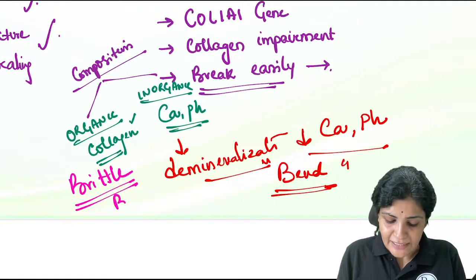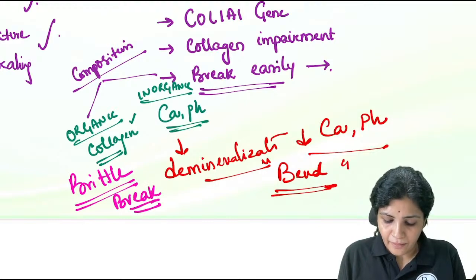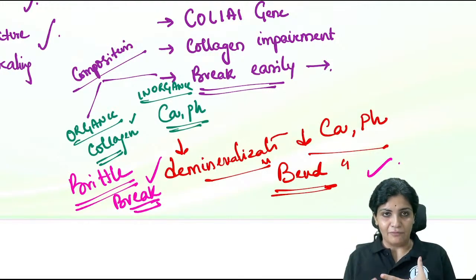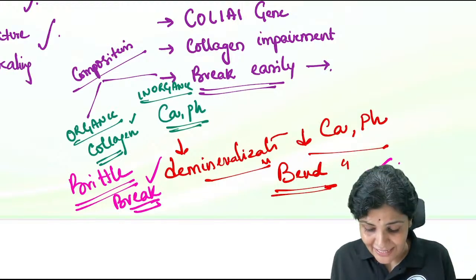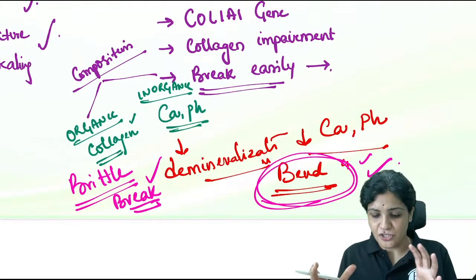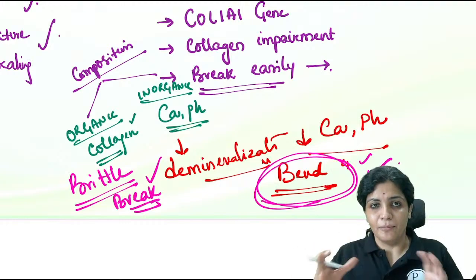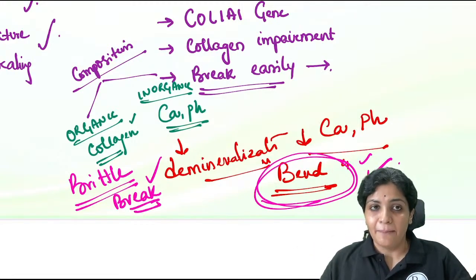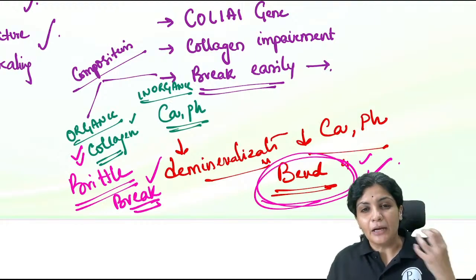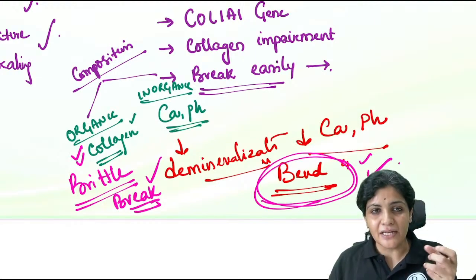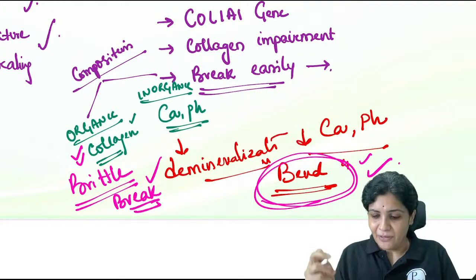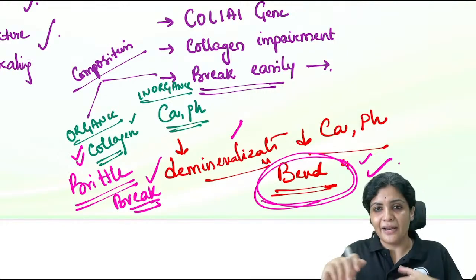That means they're easily breakable. So please remember that whenever we are dealing with scurvy, whenever we are dealing with rickets, the bones try to bend because there is demineralization. So they can be easily deformed. Deformed bones are easily seen. But whenever there is an organic deficiency, like collagen deficiency, they become brittle. Brittle means it is easy to break. So whenever you put trauma, they easily break. But in demineralization, they try to bend.